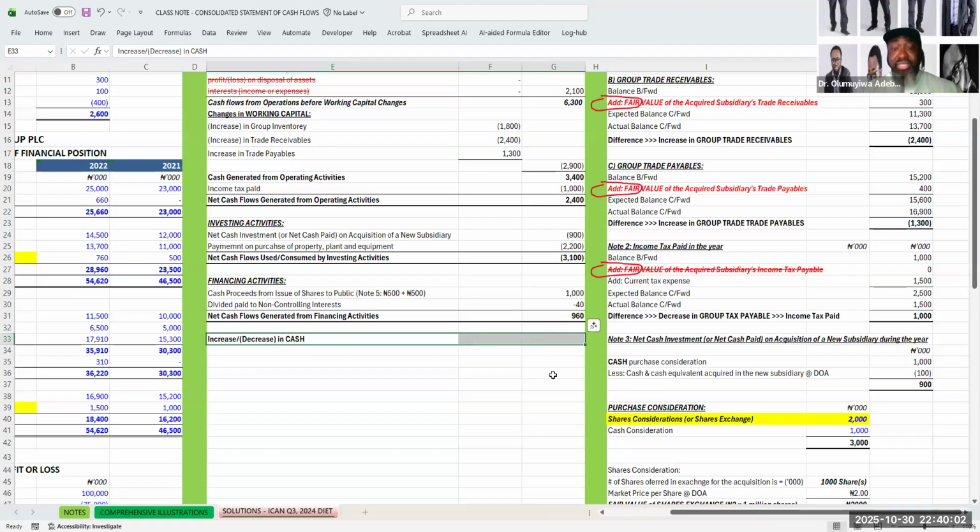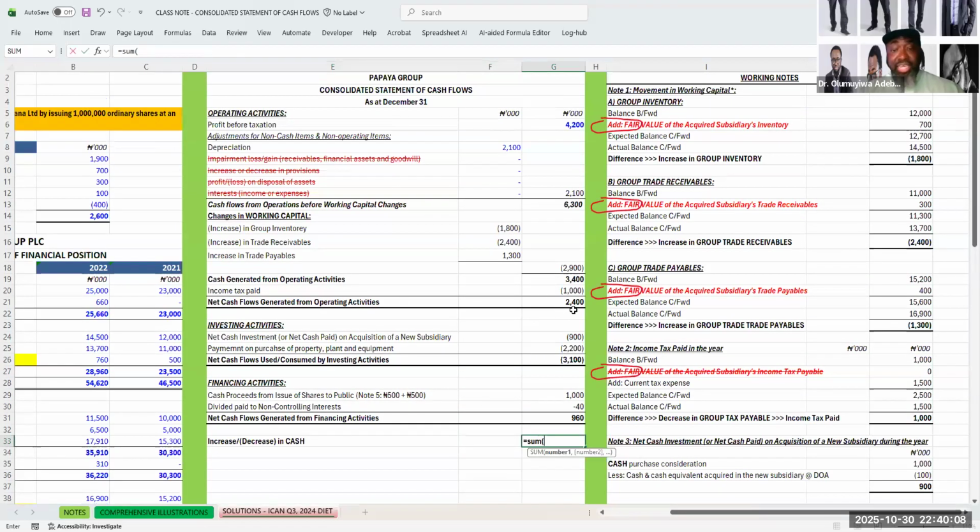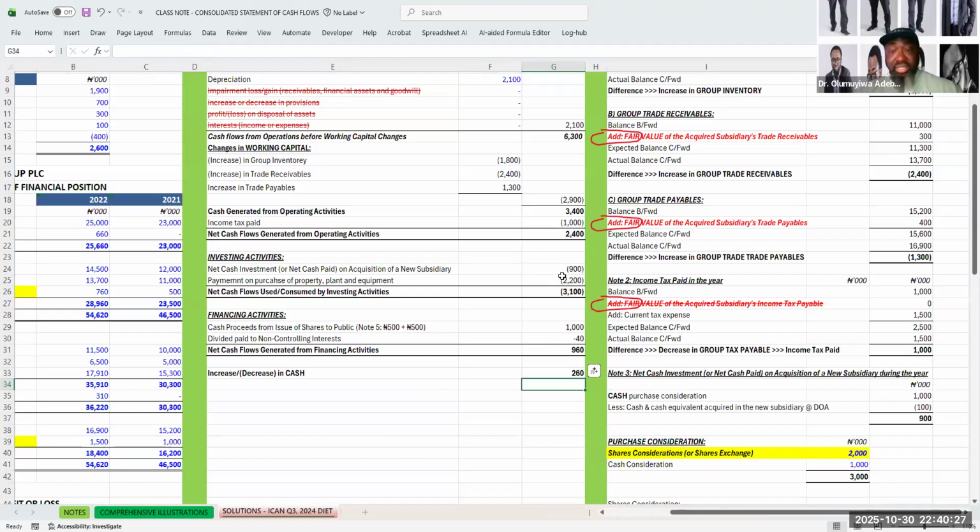Increase or decrease in cash in that year is the sum of our net cash flow of 2.4 positive in operating activity minus 3.1 negative in investing activity and plus 960 positive in that. And that gave us what? 60, as the case may be.